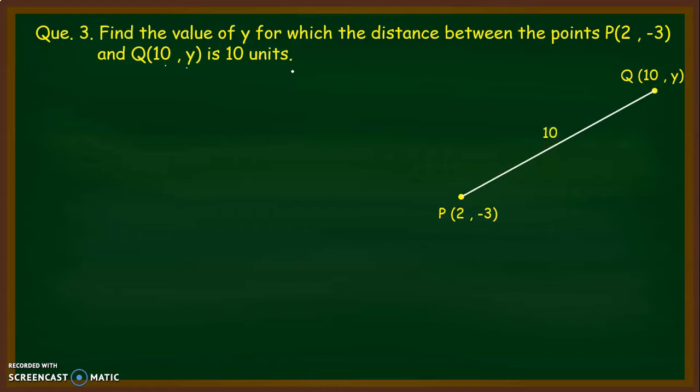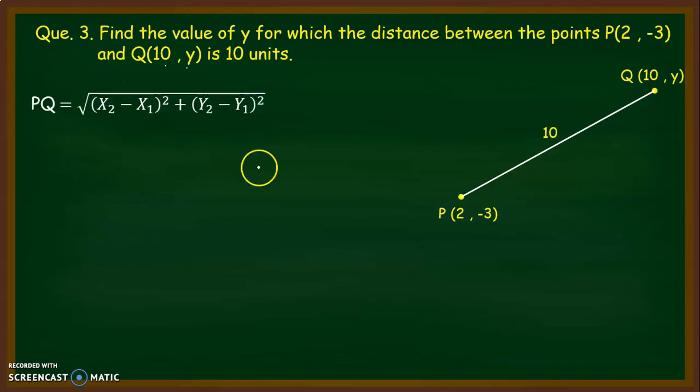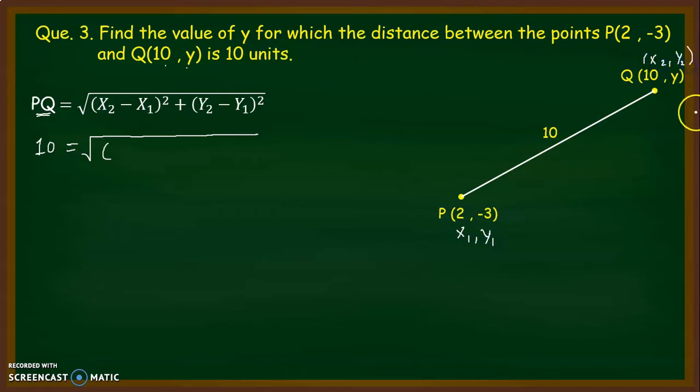So if you use the distance formula here, PQ, that is the distance between P and Q, is given as 10 units, is equal to under root x2 minus x1 whole square. So let's say this is the point x1 comma y1 and this is the point x2 comma y2. In place of this, if you take this point Q as x1, y1 and this point P as x2, y2, then also you will get the same result.